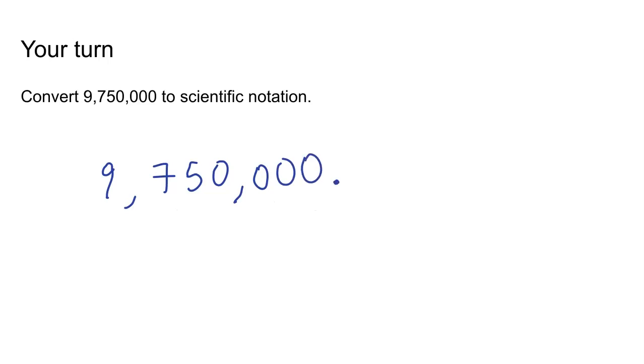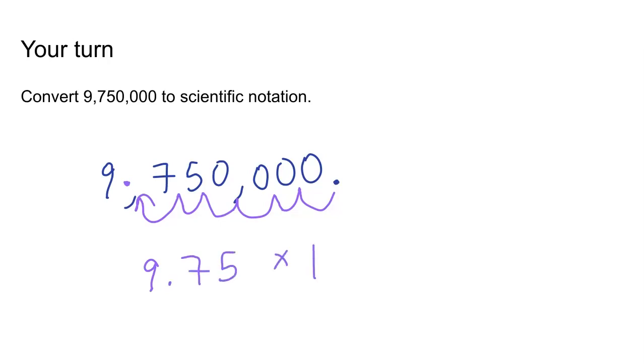Then move the decimal 1, 2, 3, 4, 5, 6 places to the left, which gives you a coefficient of 9.75 times 10 to the 6th power, because you moved the decimal point 6 places to the left.